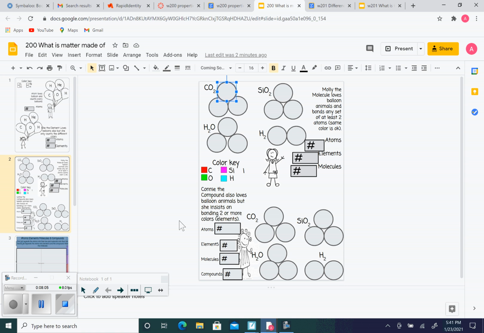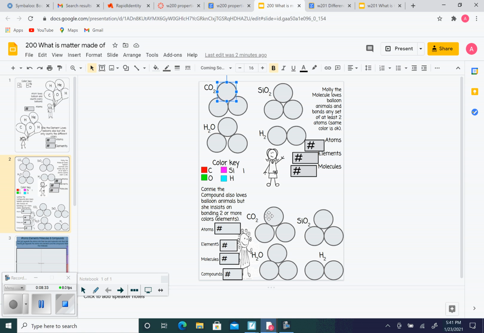Now, continuing on to this bottom part, we're going to talk about compounds. A compound is a specific type of molecule, and this type of molecule must bond 2 or more elements. The way I remember it is Connie the compound also loves balloon animals, but she insists on bonding 2 or more elements.